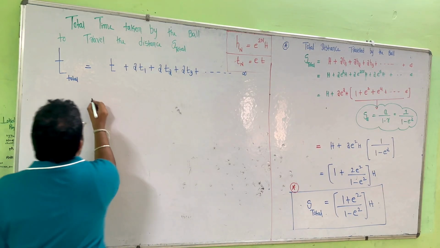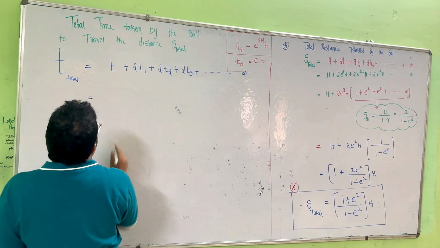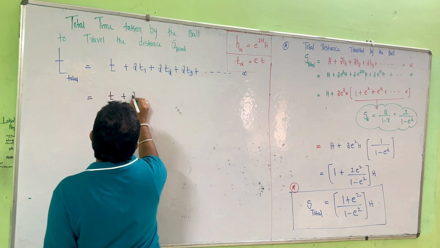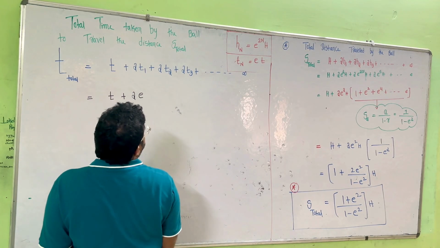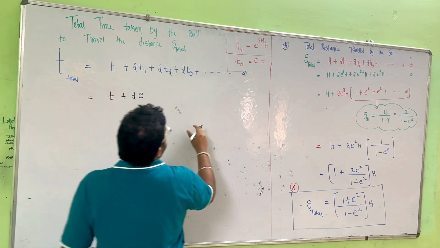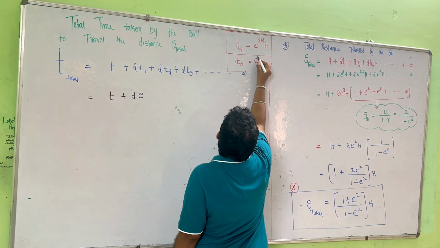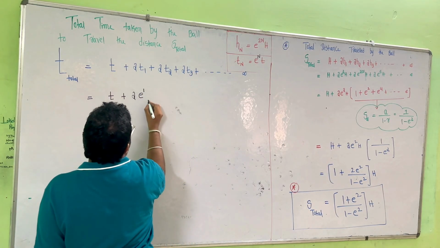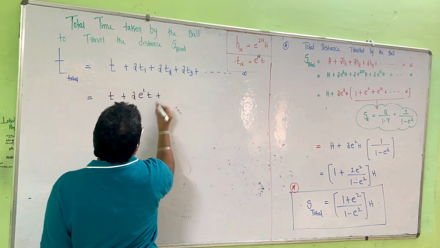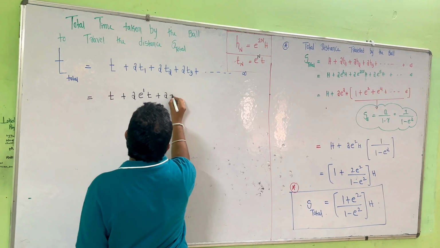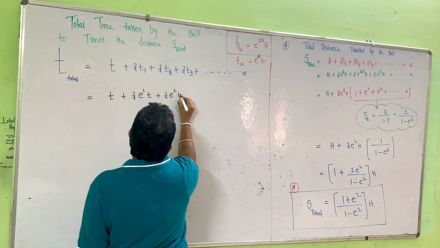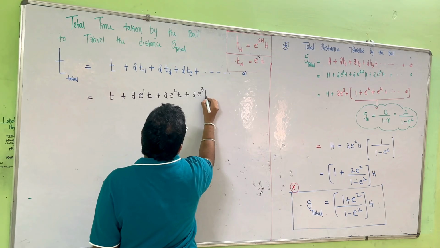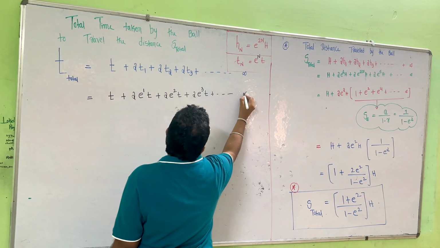So that equals T plus 2 times T1 plus 2 times T2... Tn equals e^n T. So it is e power 1 T plus 2 times e square T plus 2 times e cube T and so on up to infinity.